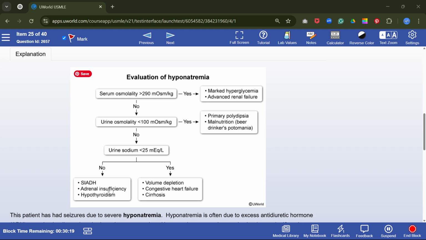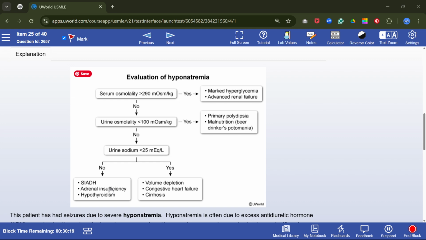If you are unable to diagnose, like urine osmolarity is not less than 100 milliosmol per kg, then do urine sodium. If urine sodium is less than 25 milliequivalent per liter, yes, it is VCC: volume depletion, congestive heart failure, and cirrhosis.